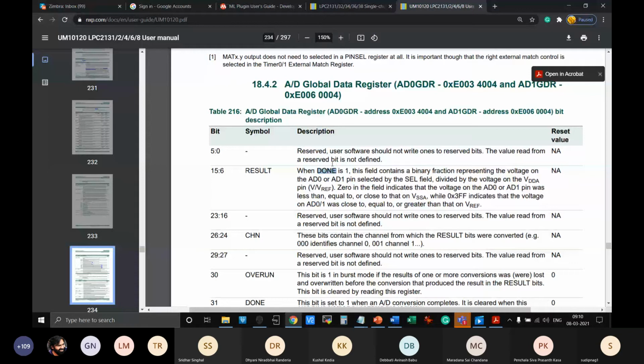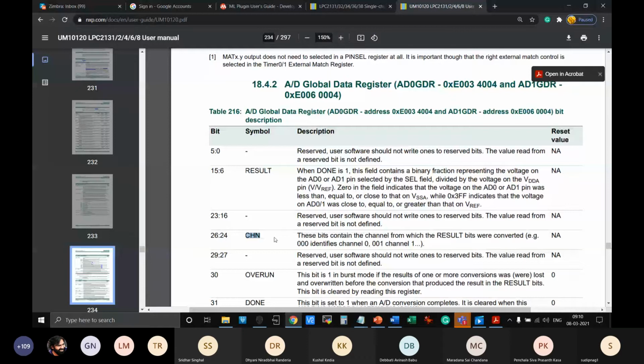And then there are some channel controls. These bits contain the channel from which the result bits were converted. So it is a kind of status signal telling from which channel the conversion actually ran. There are also overrun and done bits, where this bit is 1 in burst mode if the result of one or more conversions was lost.